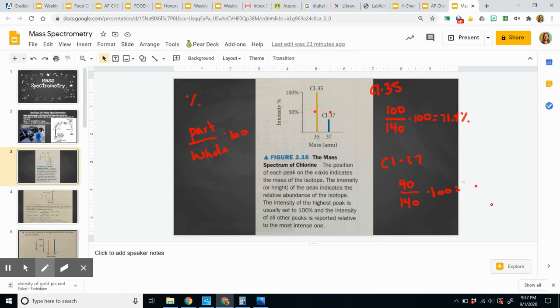That's 28.6% chlorine 37. So that's how we find the relative abundance of each isotope.